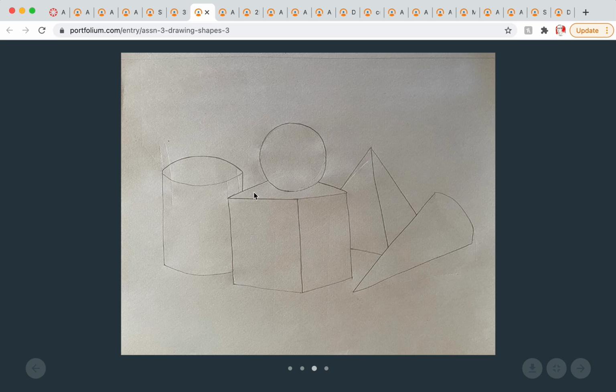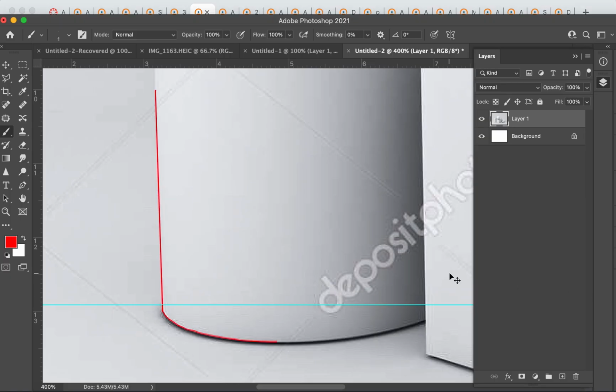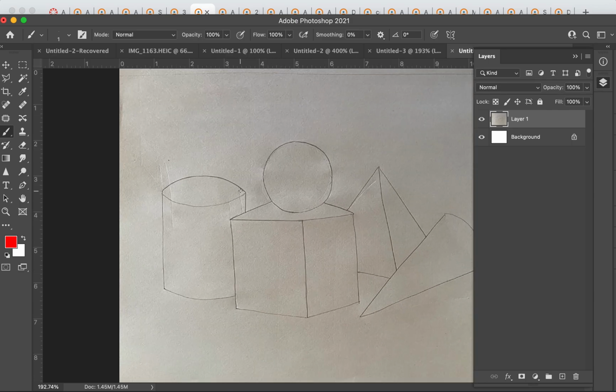So this surface is kind of a concern, and so is this surface. So this one should be a lot narrower.